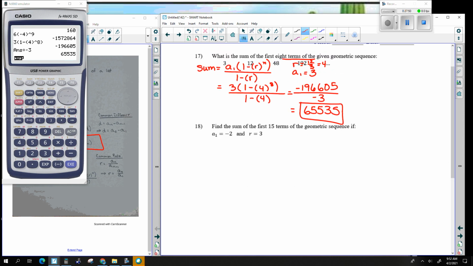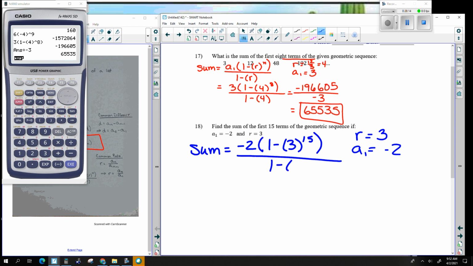This is the last sum of the first geometric. Oh, okay, another summation. So we have r is 3, A1 is -2, and the sum is A1 times 1 minus r to the n, over 1 minus r.